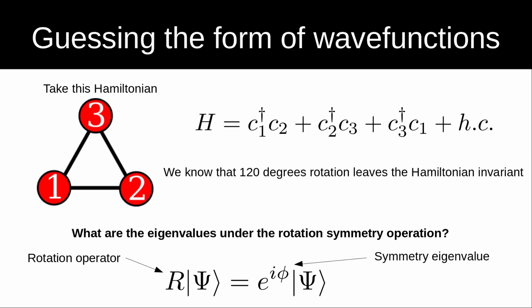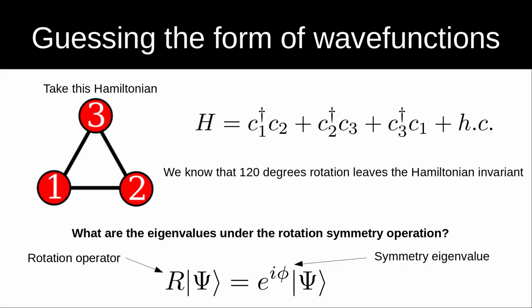Very good. So now let us do a very small exercise. Let us imagine that we have this Hamiltonian. This is the Hamiltonian of a tight-binding model with 3 sites, and it has a symmetry, which is 120-degree rotation.